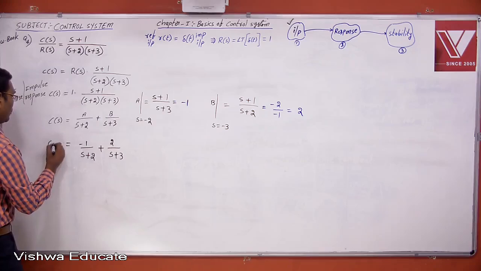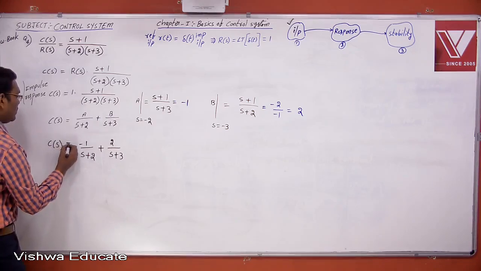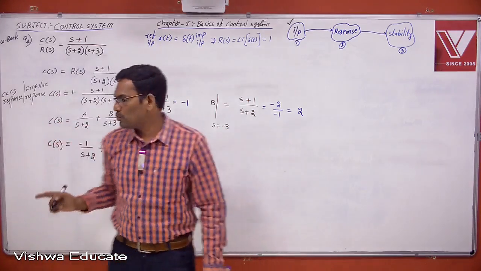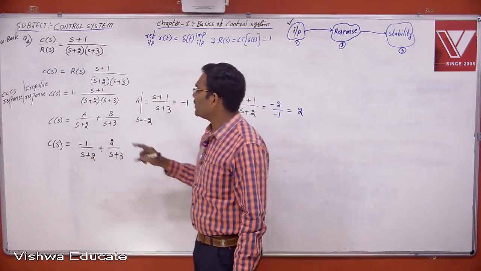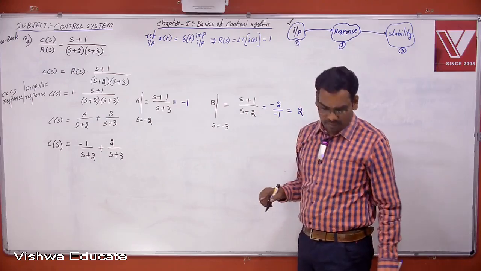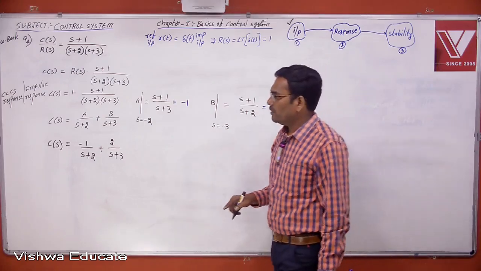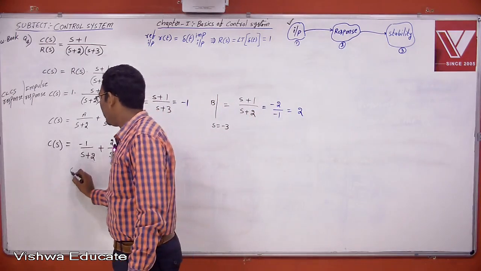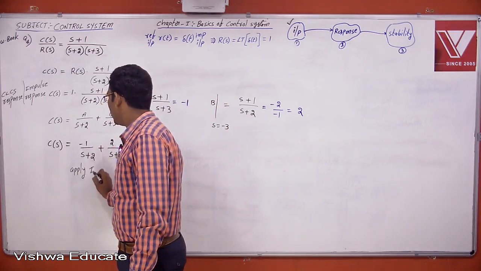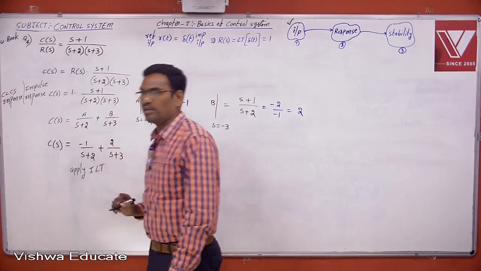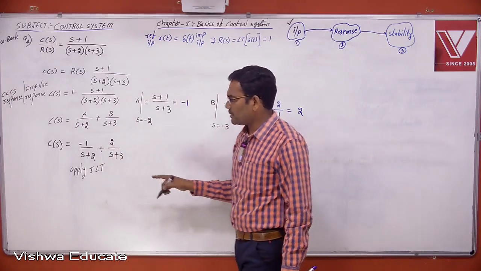This is C of s. Now this is the closed loop control system response, but in which domain? Frequency domain. I want the closed loop control system response in time domain. Therefore, what we are doing? Apply inverse Laplace transformation.